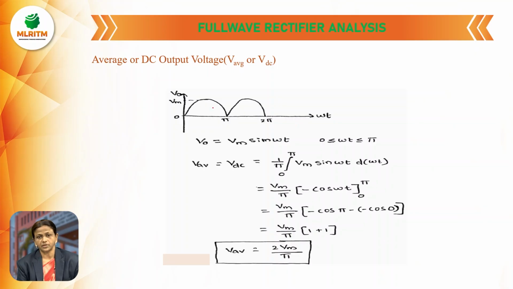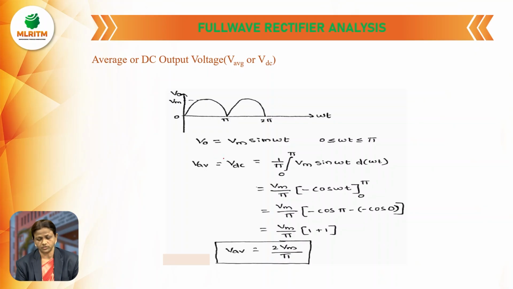Here Vm is nothing but the maximum or peak voltage. 0 to pi is the positive half cycle, and pi to 2 pi is the negative half cycle. So the output waveform will be like this. Now calculate the average value or VDC value.